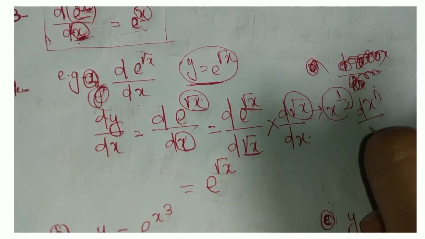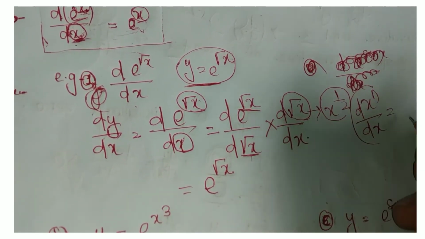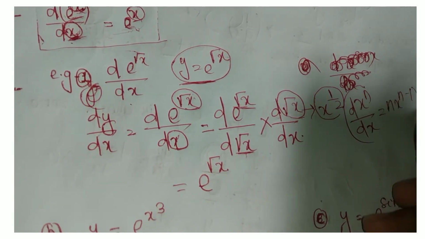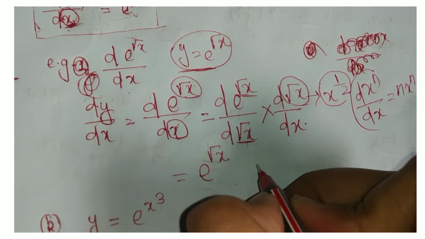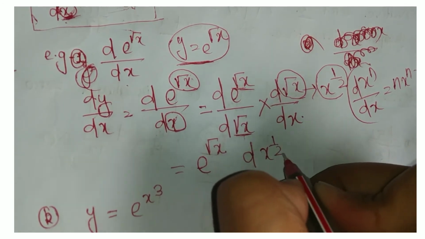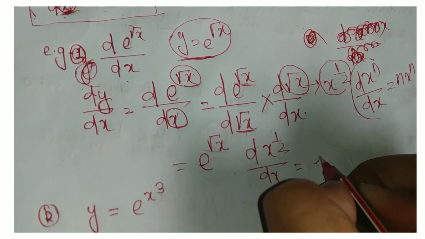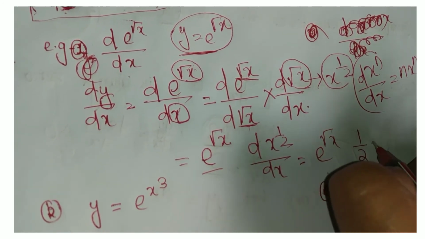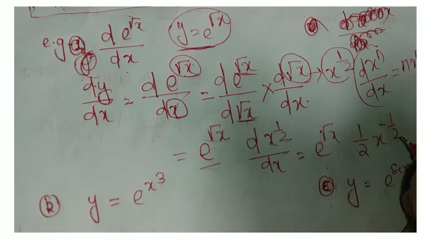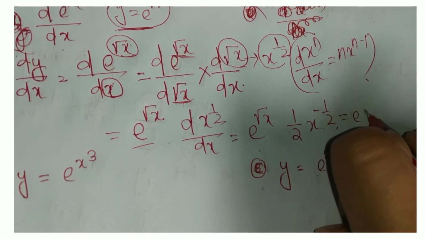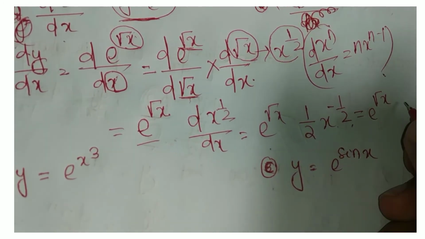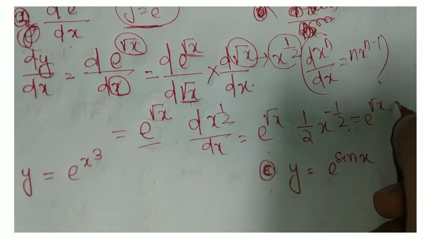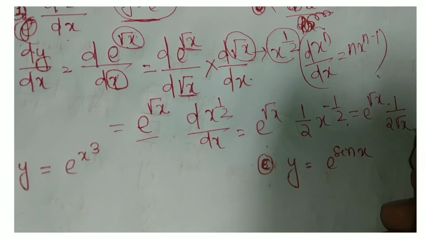The derivative of x to the power n, we know, is n into x to the power n minus 1. So the derivative of x to the power 1 by 2 with respect to x is equal to half x to the power minus 1 by 2. So the answer is e to the power root over x into 1 by 2 root over x.